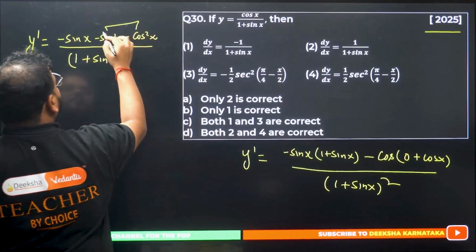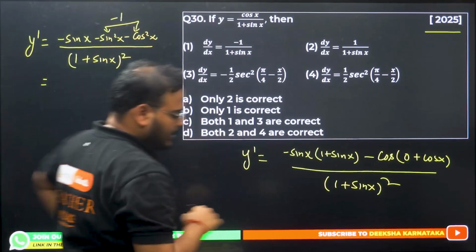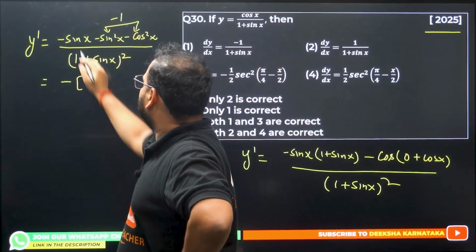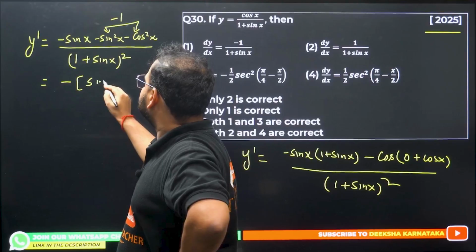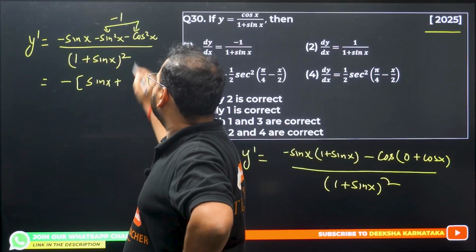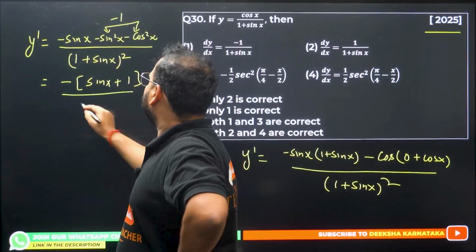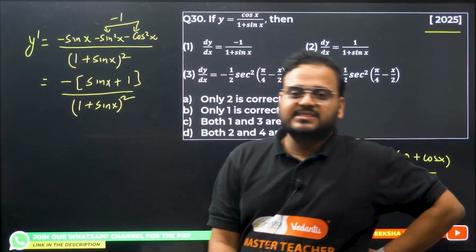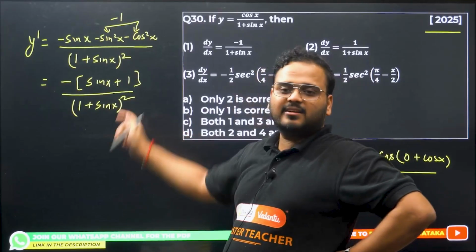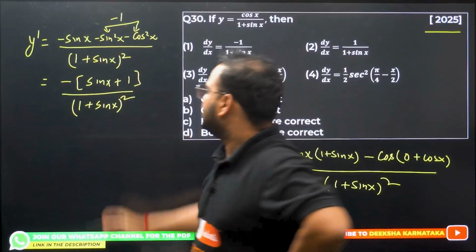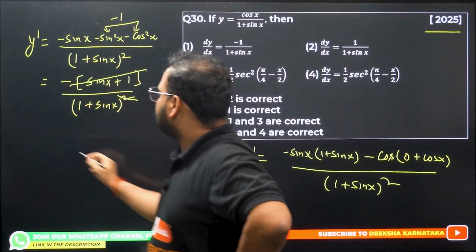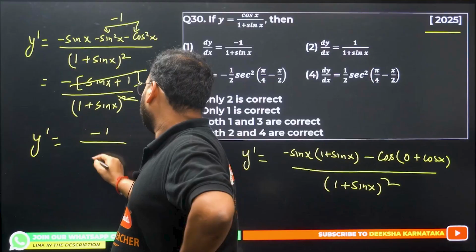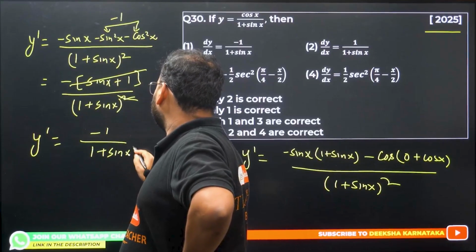If I take the minus sign common, what I'm getting in the numerator is sin x plus sin square plus cos square, so 1, divided by 1 plus sin x the whole square. I have the same numerator and denominator with one extra 1 plus sin x in the denominator. Remove that. My derivative y dash is coming as minus 1 upon 1 plus sin x.